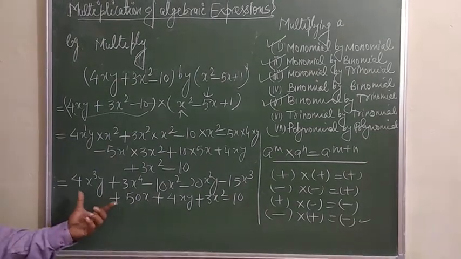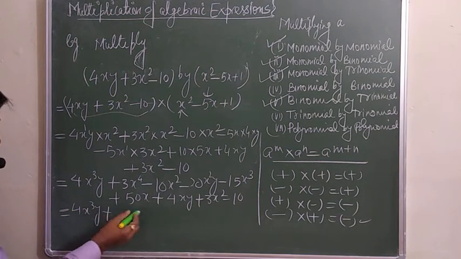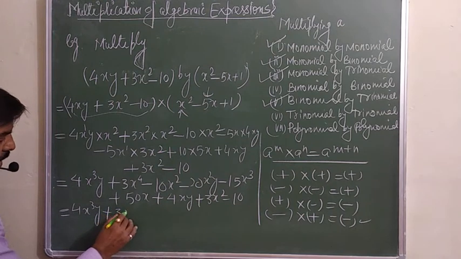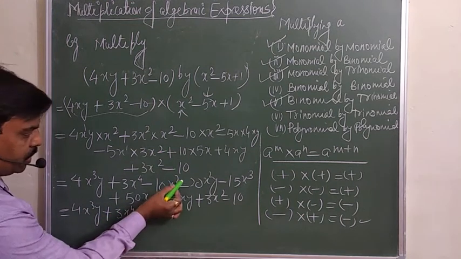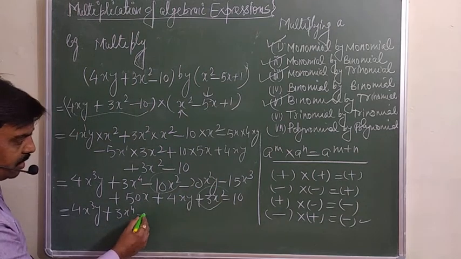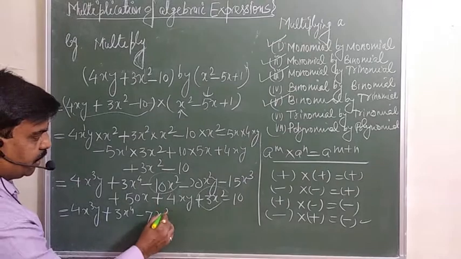Now look, if there are any like terms, you are supposed to add them. So here 4xy is alone, so it will remain as it is, 4xy plus 3x raised to power 4, no term of x raised to power 4, no like term. Here this is minus 10x square and plus 3. So this is minus 7x square.